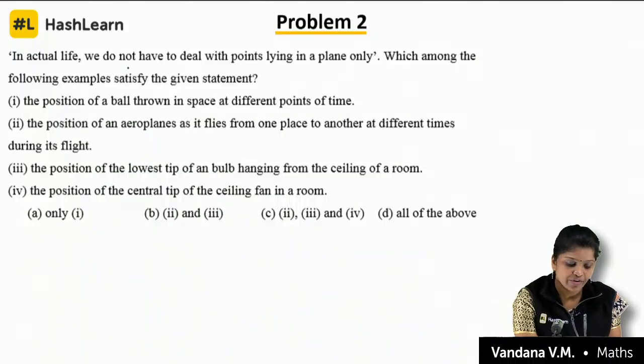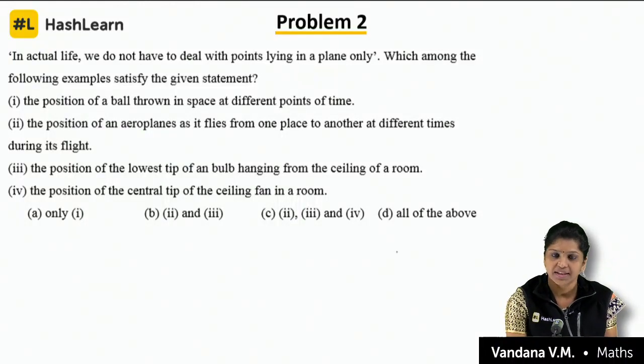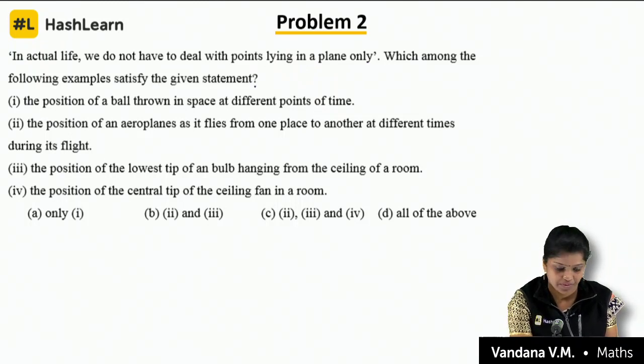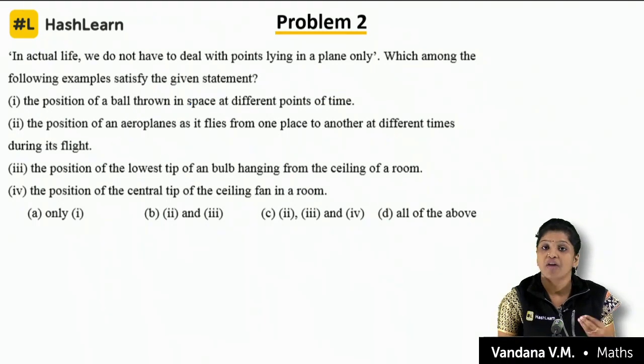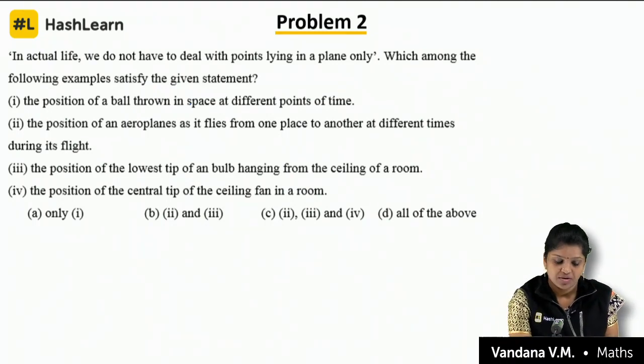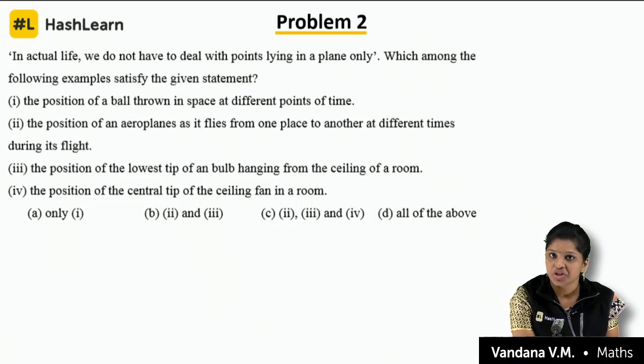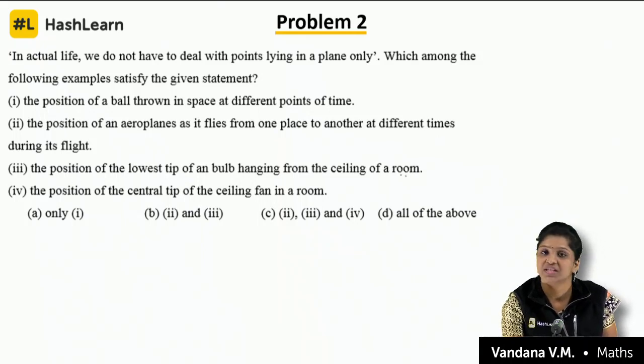In actual life, we do not have to deal with points lying in a plane only, isn't it? Which among the following examples satisfy the given statement? The position of a ball thrown in space, how will you represent it? Or the position of an aeroplane as it flies from one place to another. The position of the lowest tip of a bulb hanging from the ceiling of a room.